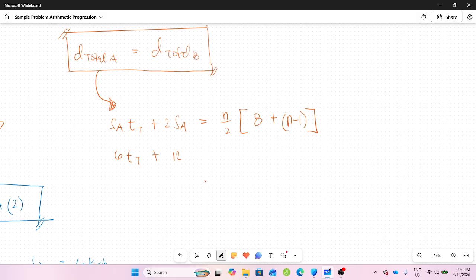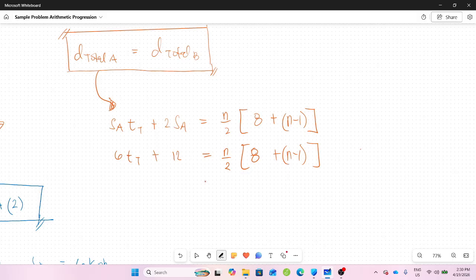We'll just forget about the units here. Anyway, all the data have the same unit, so there's no need for us to worry about that for now. Let us continue. So copy the right side of the equation. It's going to be n over 2 times 8 plus n minus 1.